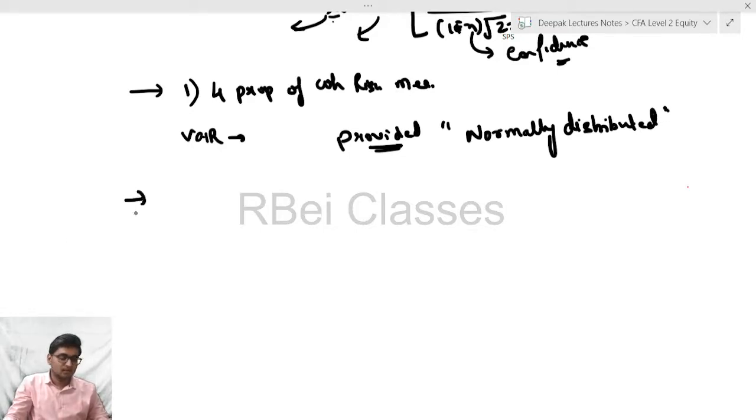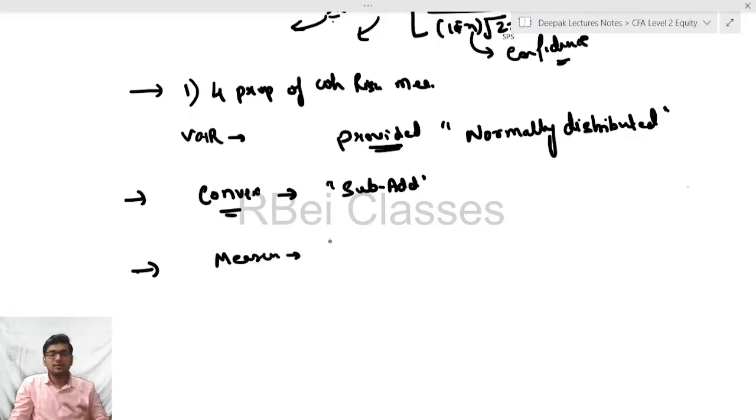Now let us move to the second point. The surface of expected shortfall is convex. Now what is the reason for this? The reason is subadditivity, the property of subadditivity. Clear? Now coming to the third point, expected shortfall is able to measure the magnitude of the loss, what the possible loss can be, but VAR is unable to figure that out.